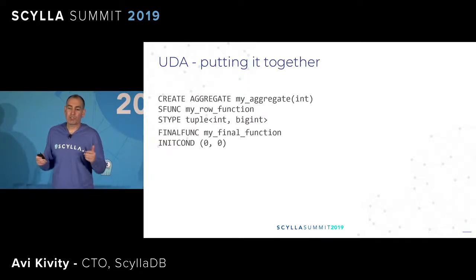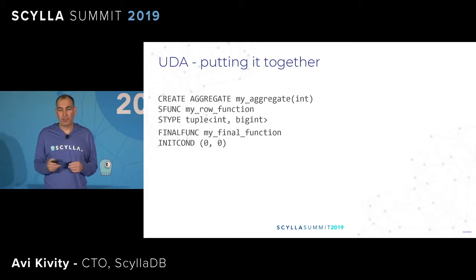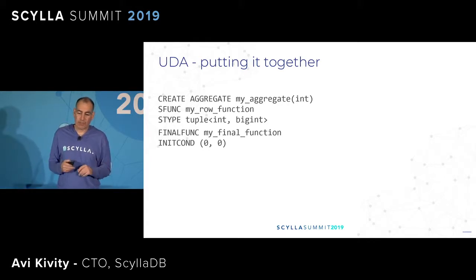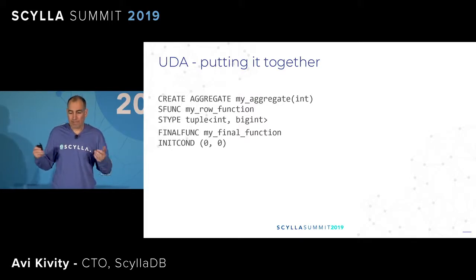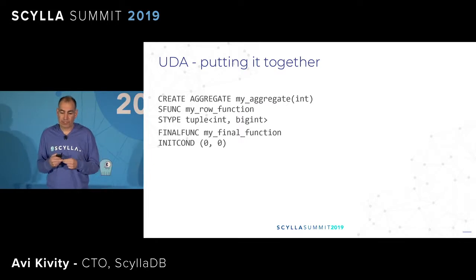So let's put all of the components together. We create an aggregate with the create aggregate statement, and that broadcasts the new function to the rest of the cluster. We pass it the row function by name. The keyword for that is sfunc, for state function.